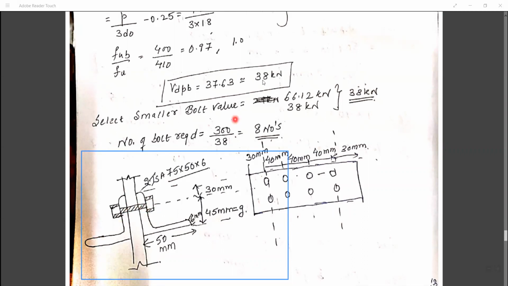Whenever I am applying a tension force from this end and this end, it will fail at thread as well as at the shank. That's why I am considering that the failure is both in shank and in thread section. I hope you are getting it.